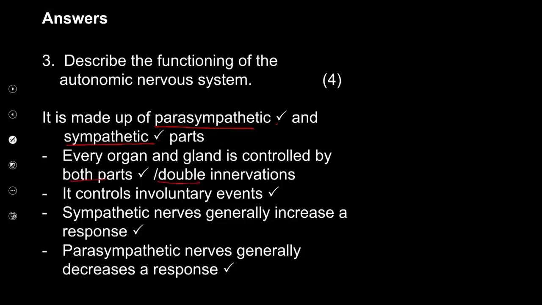That fancy word, double innervation, you get a mark there. It controls involuntary events. Remember, you don't have any control over this. And then, there's already 4 marks, but if you said sympathetic nerves generally increase response, and parasympathetic nerves generally decrease response, you'll also get marks. So there's 6 marks, but you only get 4.